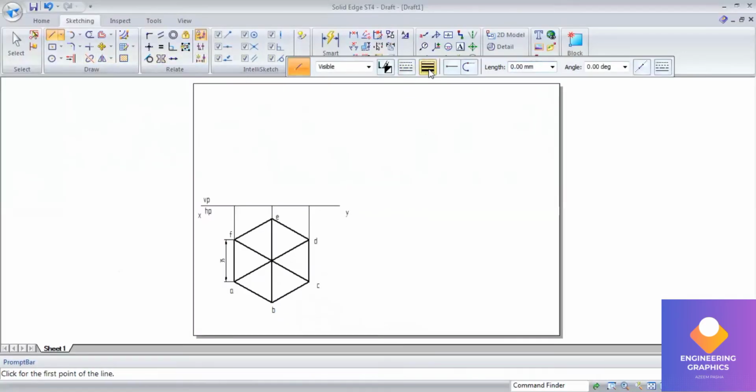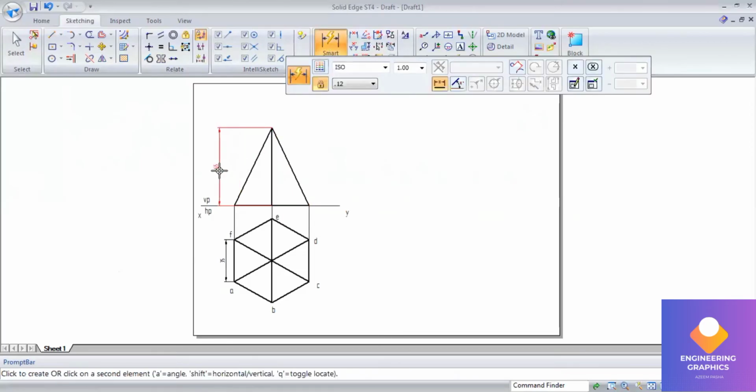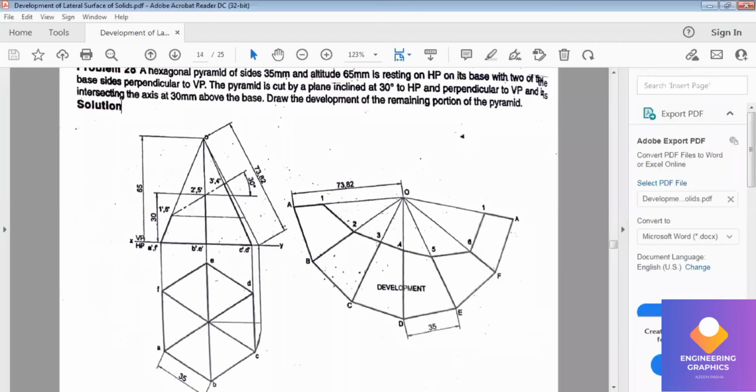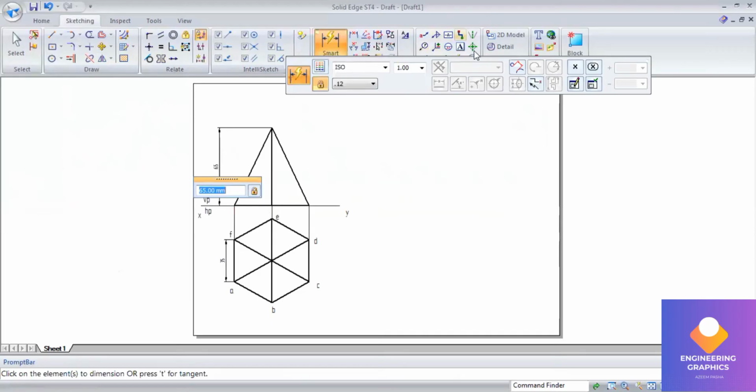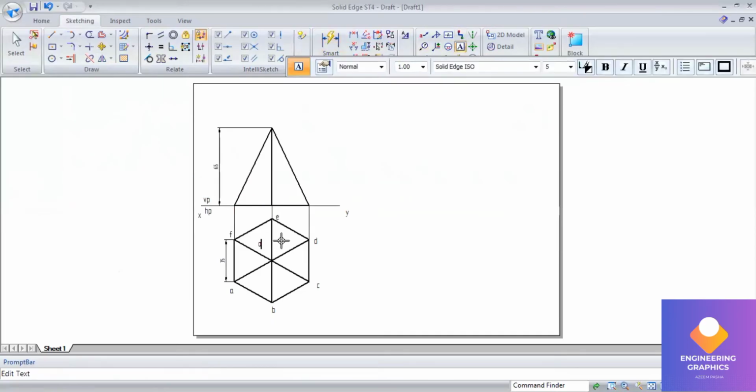Axis length we should take, that is 65 mm. So mention the notations here for the center of the pyramid. So we write the front view notations here.